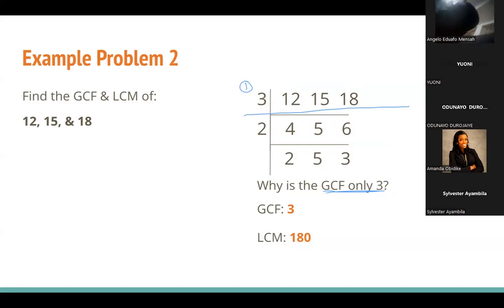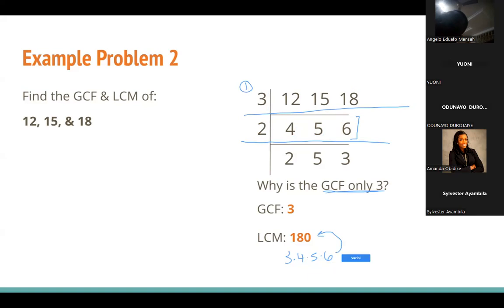So once you factor out 3 from everywhere, you're left with 4, 5, and 6, right? So let's pretend we stopped here, that this was the last step we went through. That would mean our LCM would be 3 times 4 times 5 times 6. But that doesn't look the same as 180.